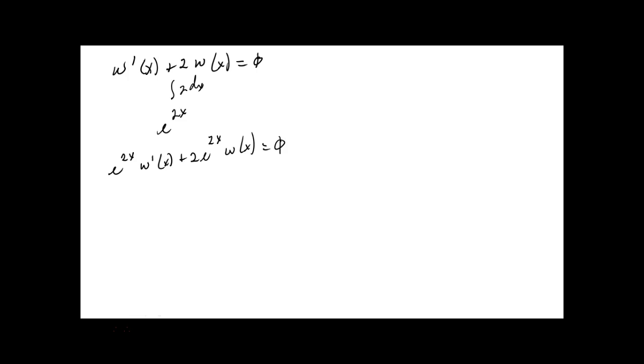Now, if indeed that was your integrating factor, this thing right here should be a perfect derivative, d of the integrating factor, e to the 2x times w of x. Now, what I'm going to do is verify that's the case. If this is the perfect derivative of that, then it's a product rule.